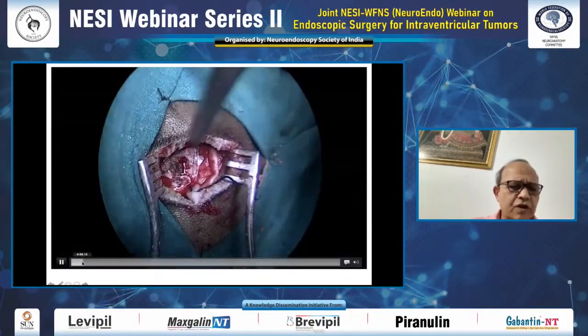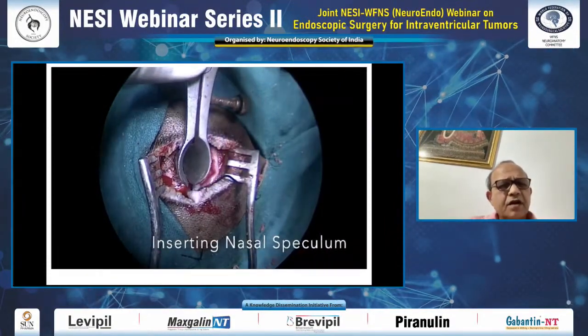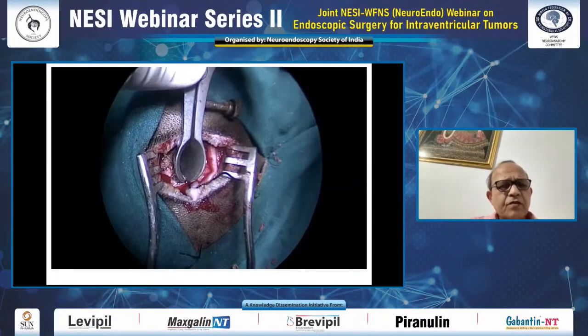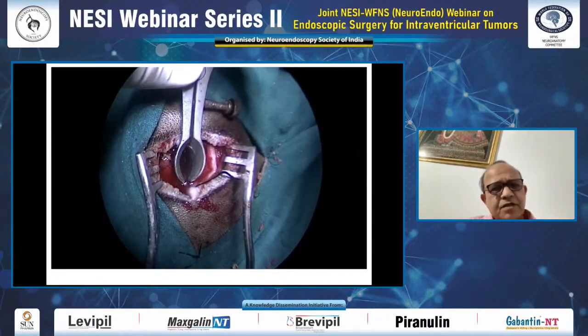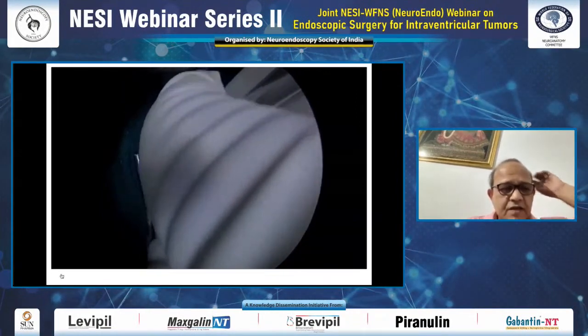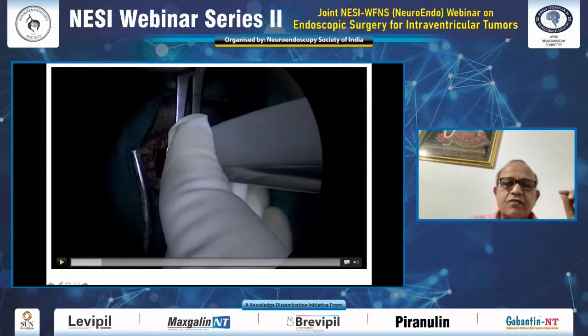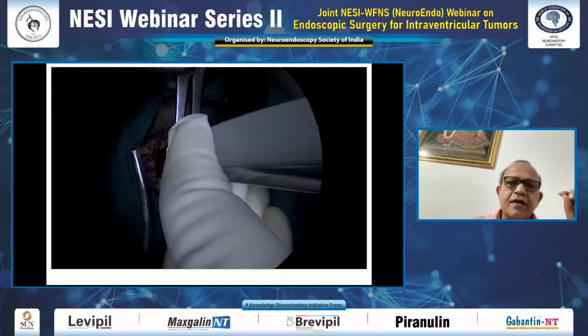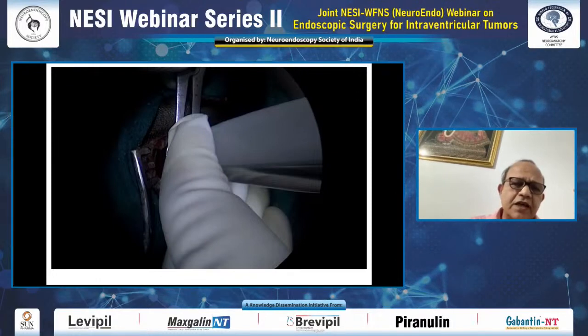Initially, we were using the channeled endoscopy, but over time, when we found that complete resection becomes difficult, we started using this. So you must have seen that we put in the tubular retractor in a closed limb position, and then gradually expand it.